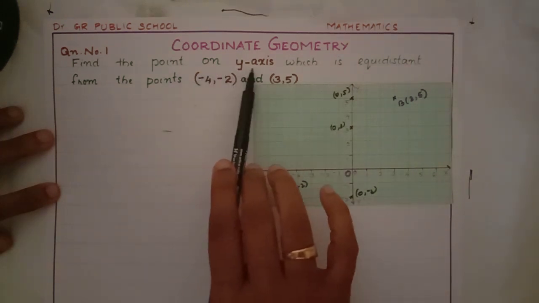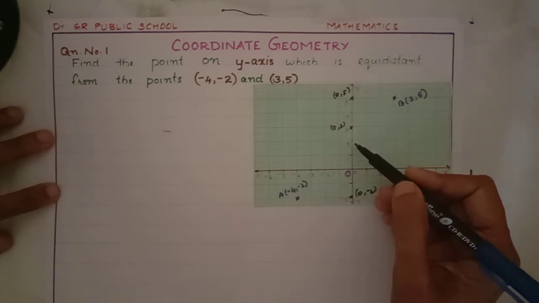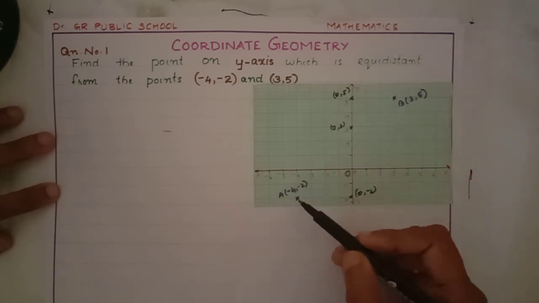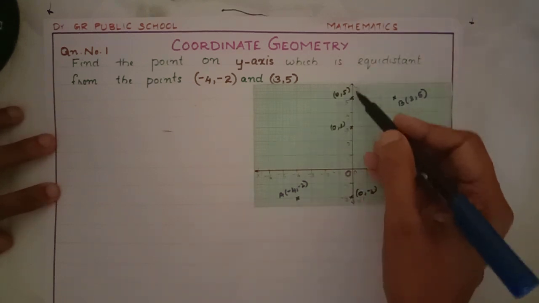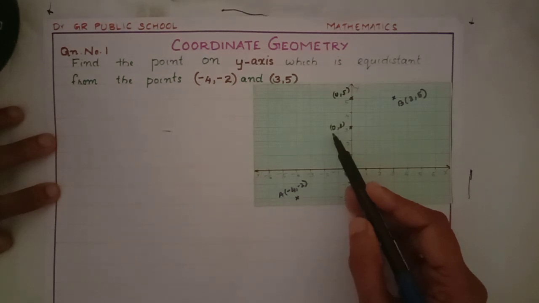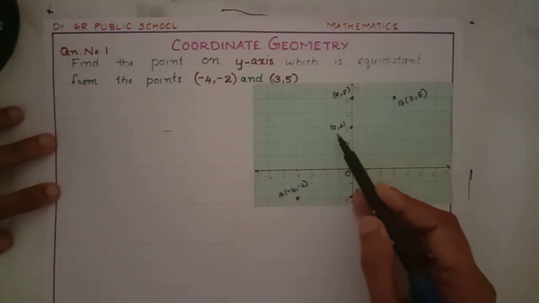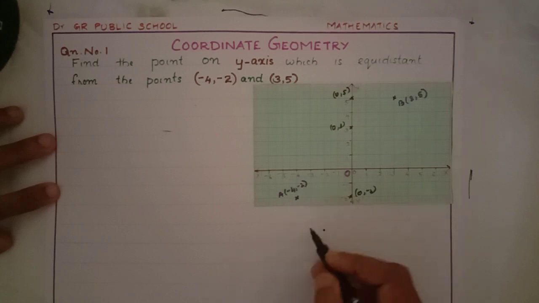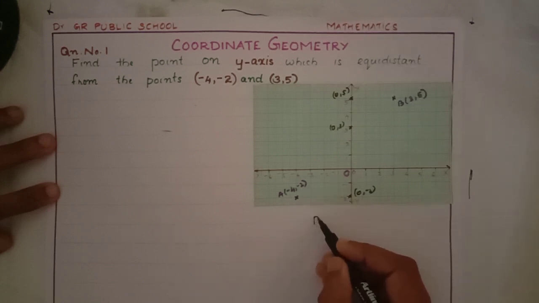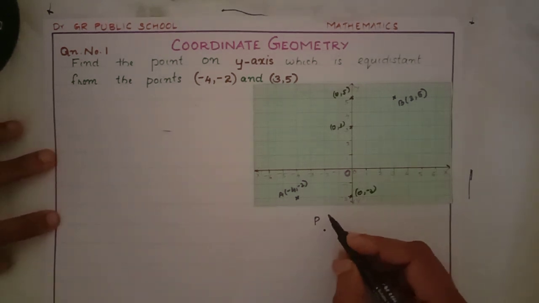because we need the point on the y-axis. Here somewhere there is a point which is equidistant from A as well as B. So we have only the x coordinate; if we get the y coordinate also, we can state the point. So I am taking that point as P. How can we write the coordinates of point P?